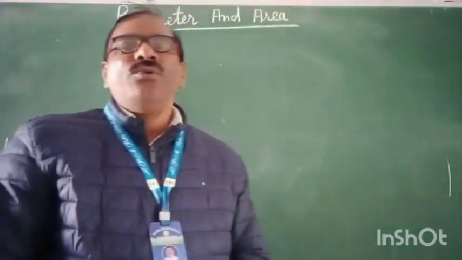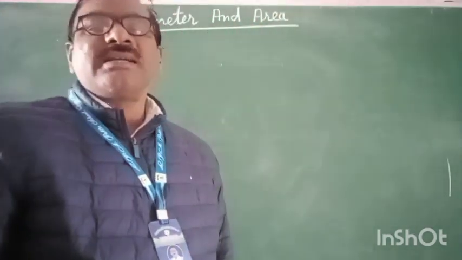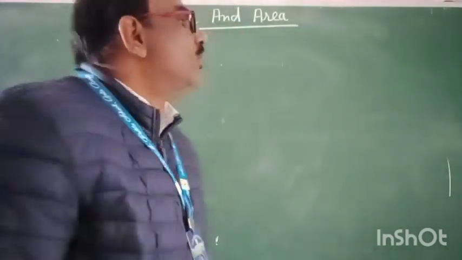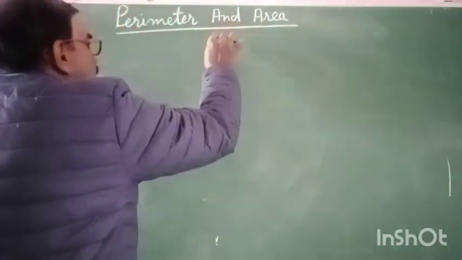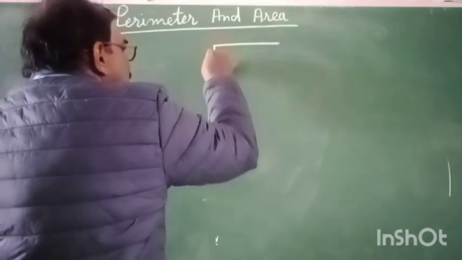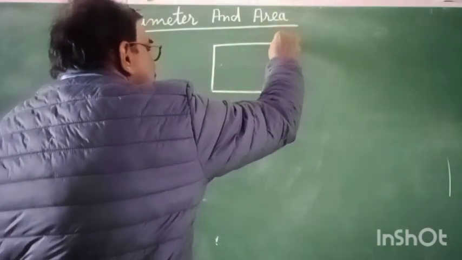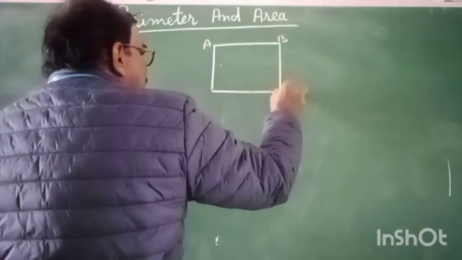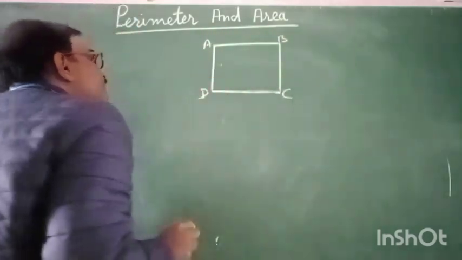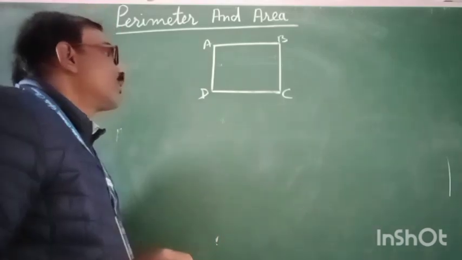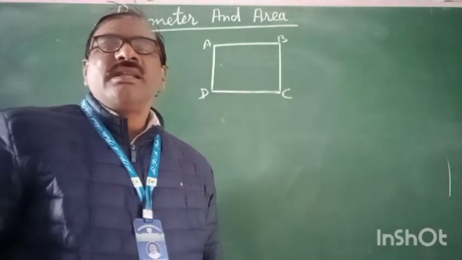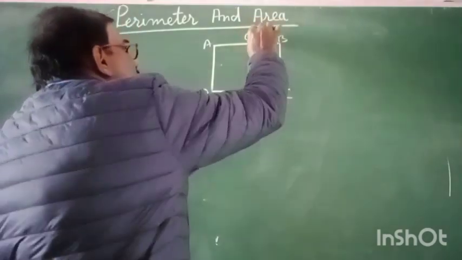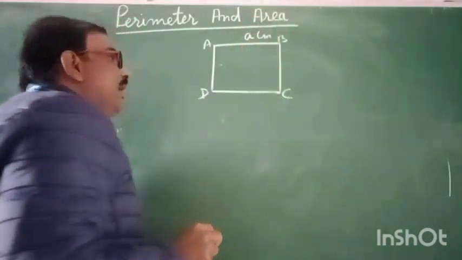So dear students, as you know, in a square all sides are equal. It means length and breadth are equal. Take an example of square ABCD and take the length of AB as 8 centimeter.